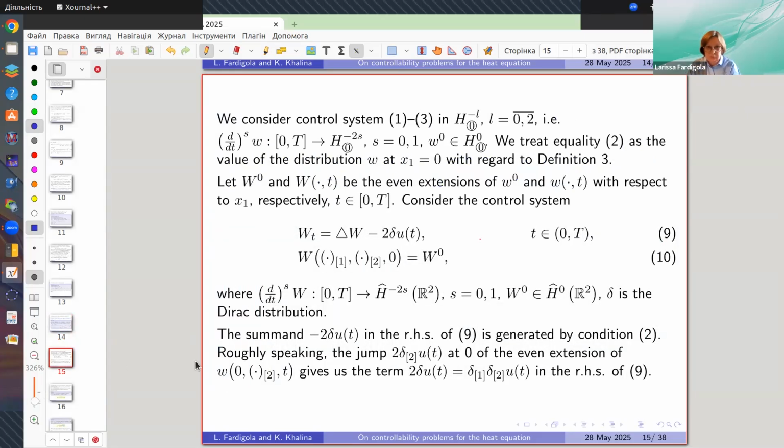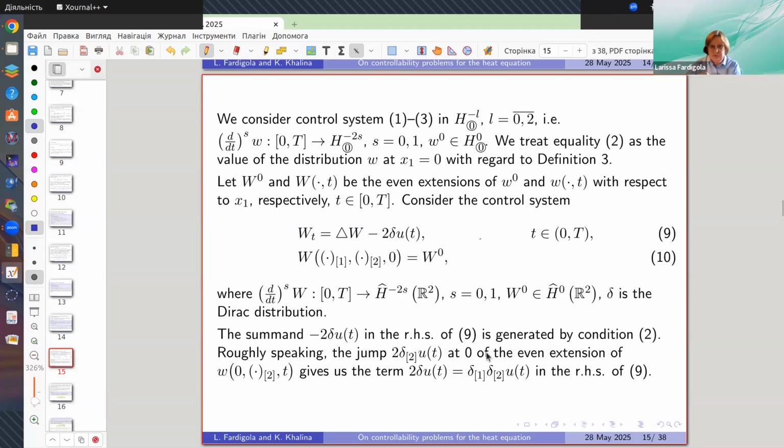To study our problem, we use even extension for all our functions, and we can reduce our system to the following system. This is a control system. Here we have a new summand in the right-hand side of our equation.